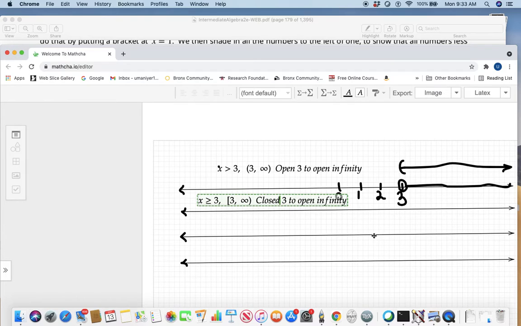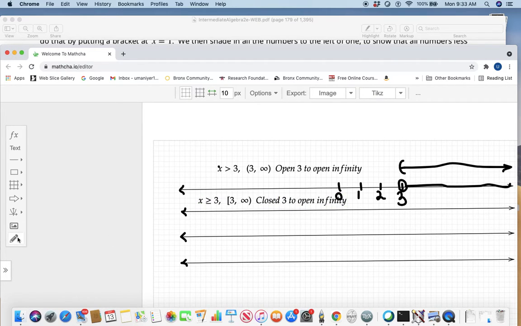So what's the picture for it? You have 3 over here. Instead of that open circle, you have a filled-in circle, and then you draw across.